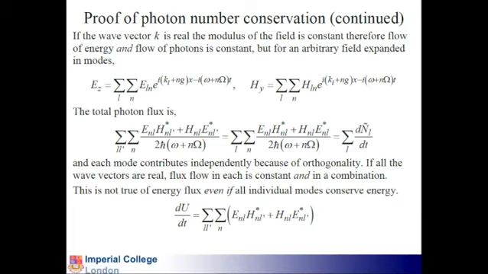So each mode, the nth mode, is composed of these Fourier components here, summed over these n Fourier components. And when I want to know the flux of photons, I take the Poynting vector and I divide it by the energy of the photons. And then I sum over all the components in that mode, and then I sum over all the modes, and of course the modes overlap.